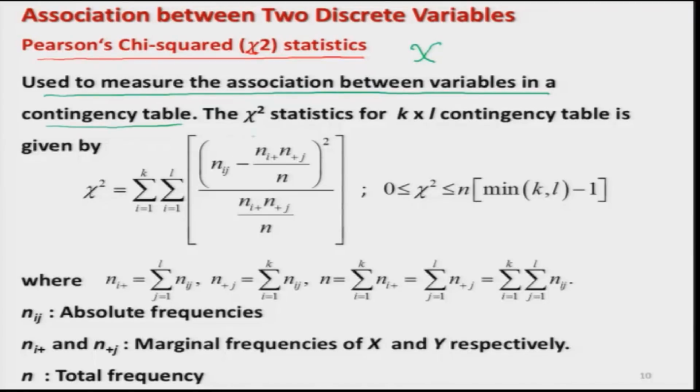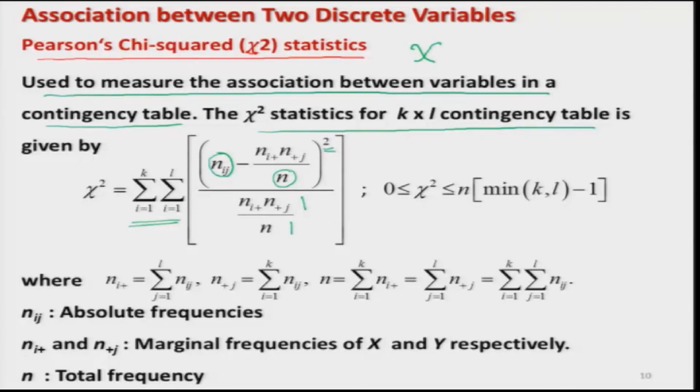The chi-squared statistics for a K cross L contingency table which we created earlier is given by this quantity: the summation over all the observations of the numerator Nij minus Ni+ times N+j divided by n, whole square, divided by the similar quantity Ni+ times N+j divided by n.